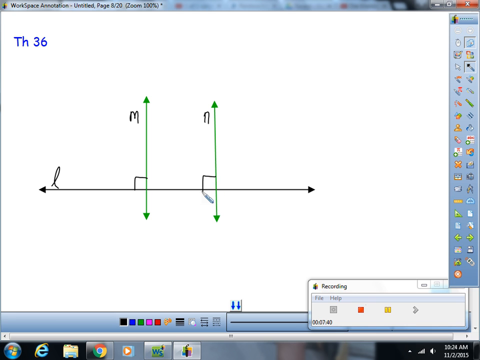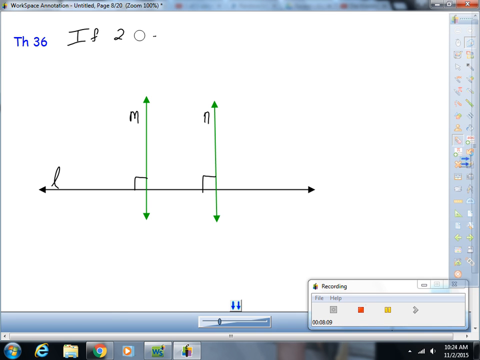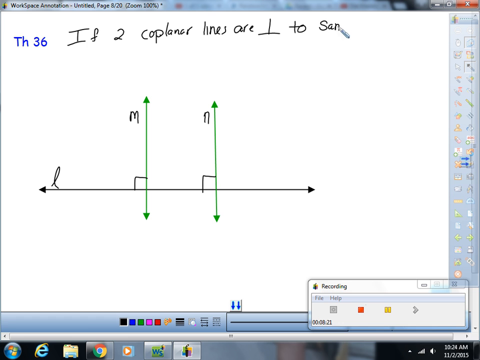Here, we are given that line M is perpendicular to line L, and line N is perpendicular to line L. You can see that those are corresponding angles, so line M must be parallel to line N. But we could also just say if 2 coplanar lines are perpendicular to the same line, then those lines are parallel.